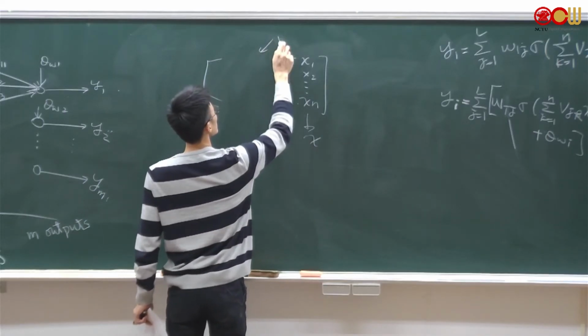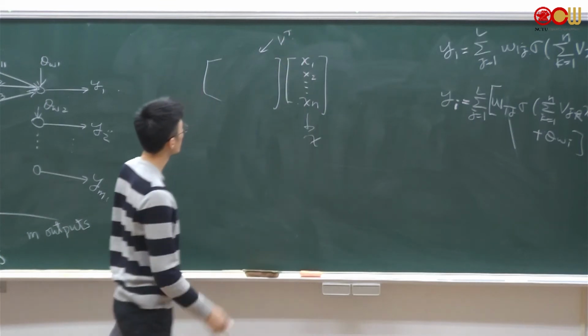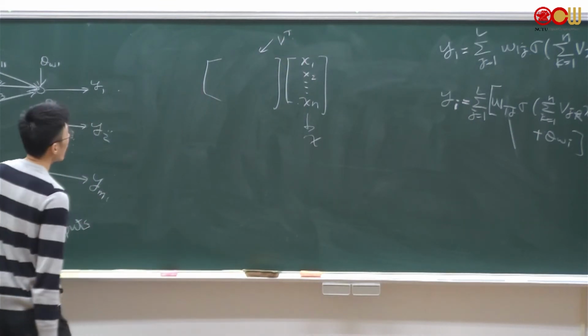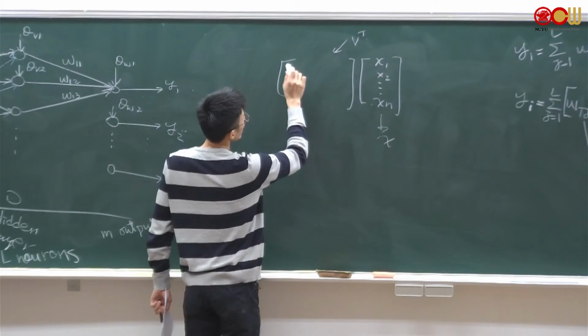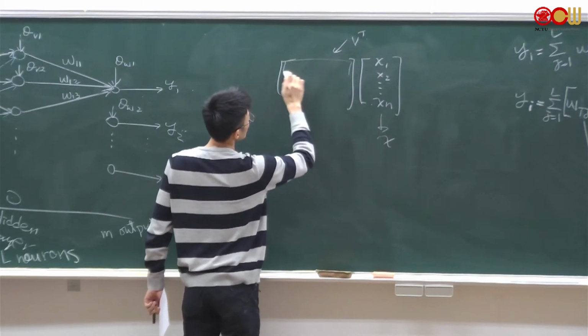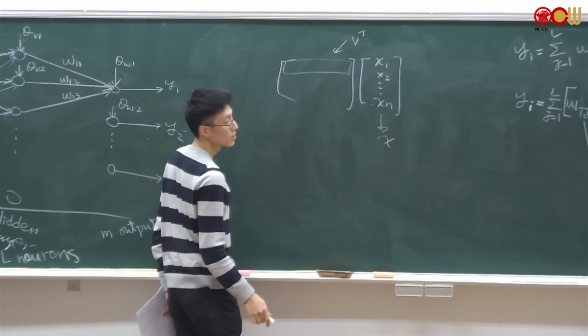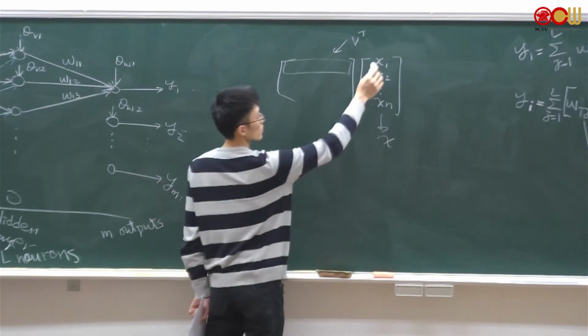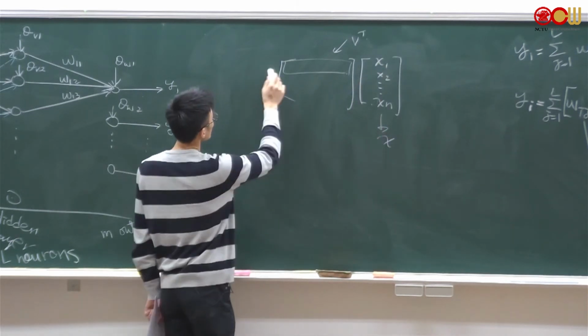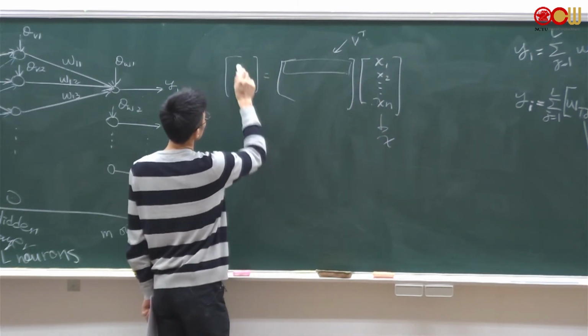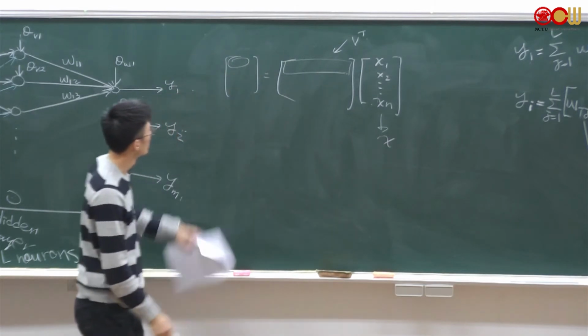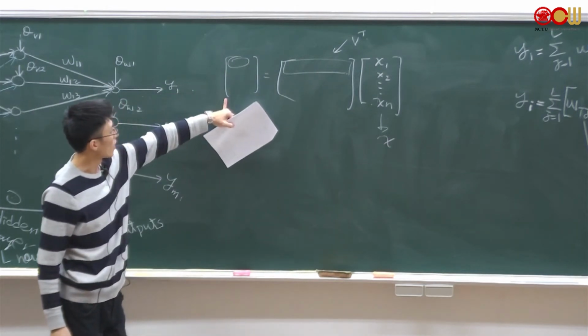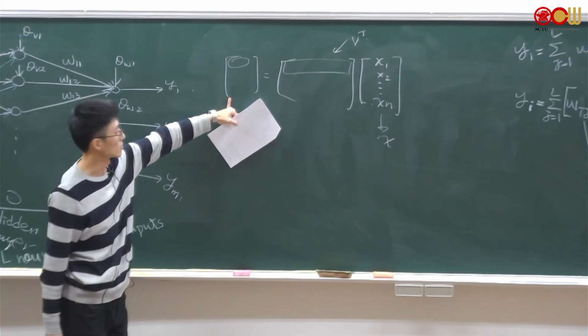We say this is v transpose, for example. And what is v transpose? We know the first row of v transpose will do the inner product with x and generate the first element of this column vector, right?